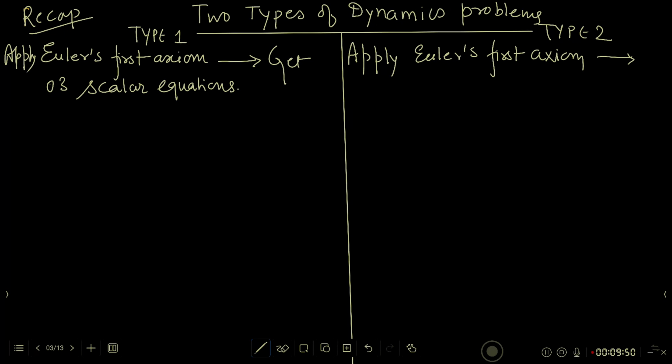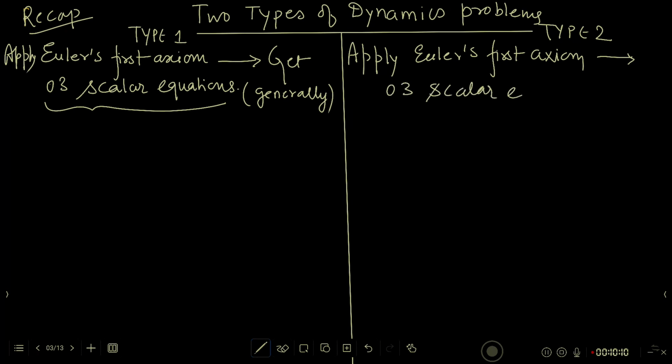Generally speaking, it will be required to apply the first axiom also, and that will result in 3 scalar equations generally speaking. Same thing here, 3 scalar equations, generally.